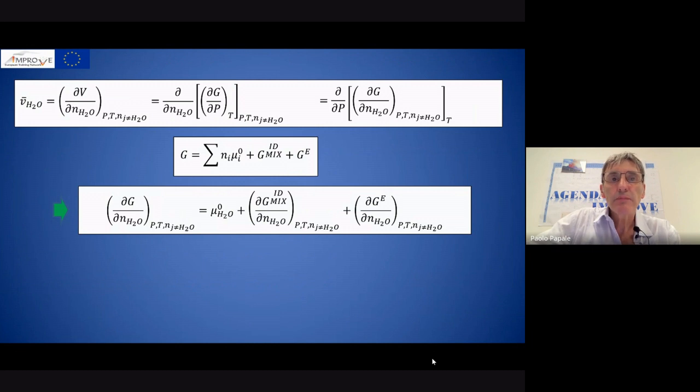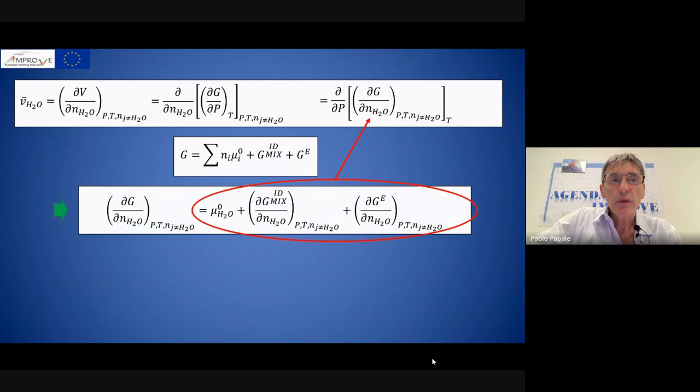I haven't developed the Gibbs energy of ideal mixing term and the excess Gibbs energy term. For the moment, I have just reported their partial derivatives in the number of moles of dissolved water. We can then substitute this expression into the equation on top.